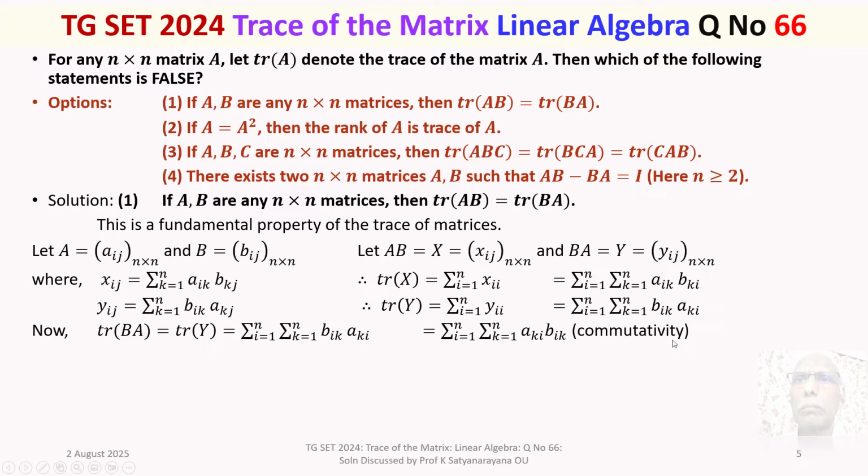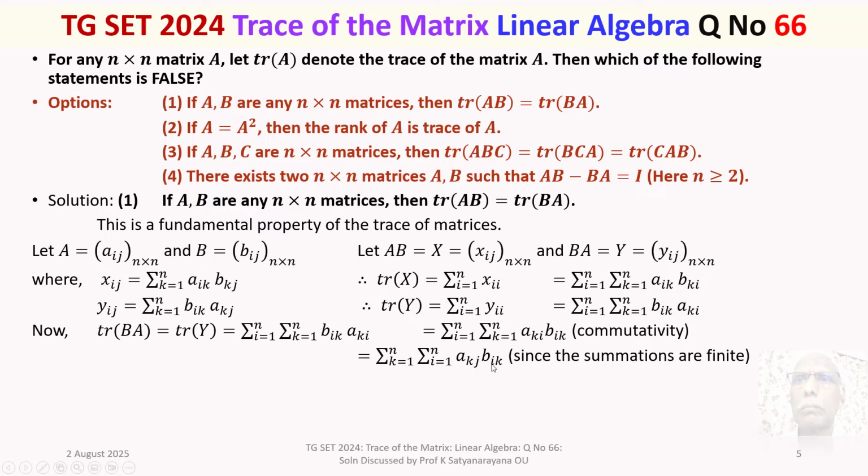Use commutativity. Agreed? Agreed. Now this is equal to sigma k is equal to 1 to n, sigma i is equal to 1 to n, aki bik. Since the summations are finite, you can swap them. Or if you are not interested in this argument, what you do is replace i by k and k by i.